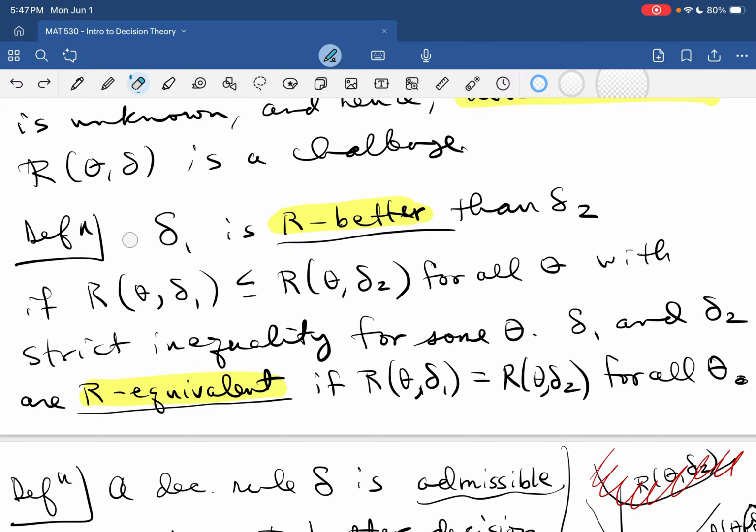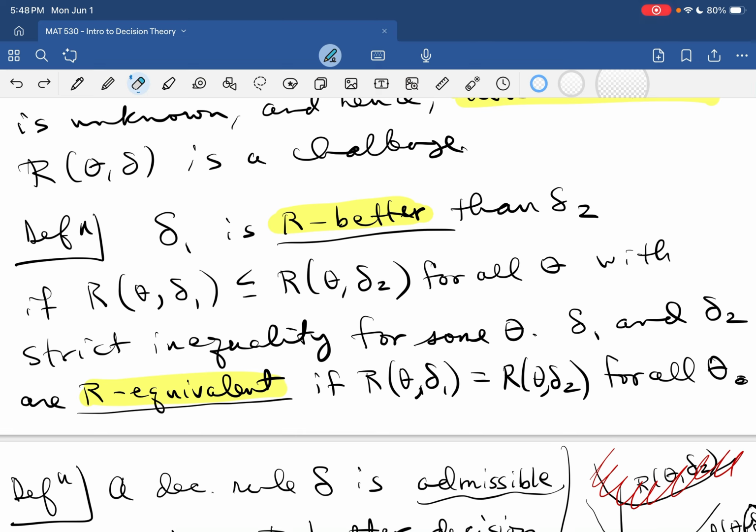So we say that a decision rule delta 1 is R better than delta 2 if the risk function of delta 1 is less than or equal to the risk function of delta 2, and this is for all theta. And then also at some point there has to be strict inequality.